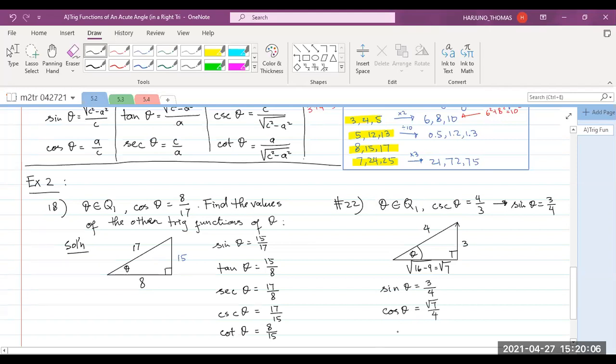Tangent theta is 3 over radical 7. Rationalize the denominator: that's 3 radical 7 over 7. Now the secant and cotangent, you do reciprocals.